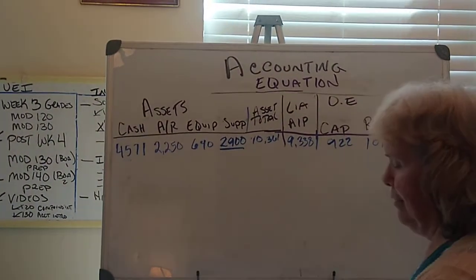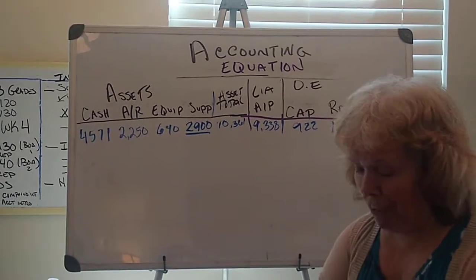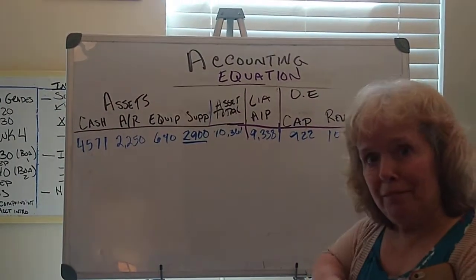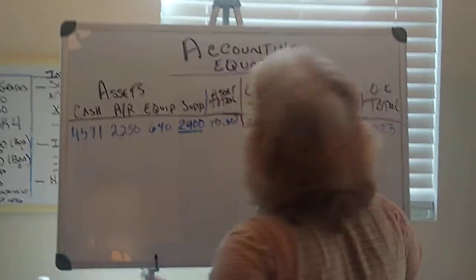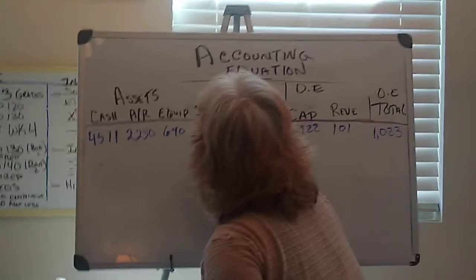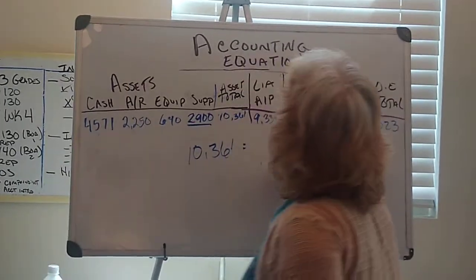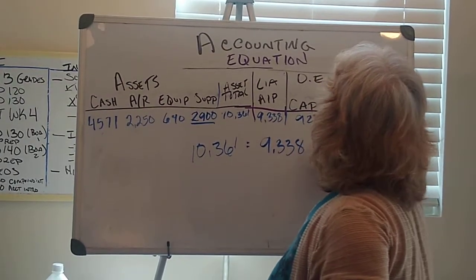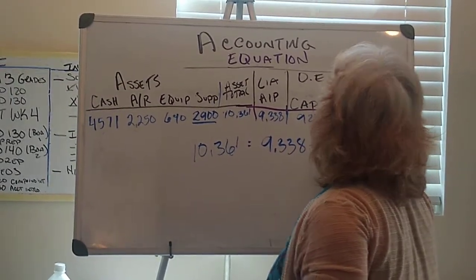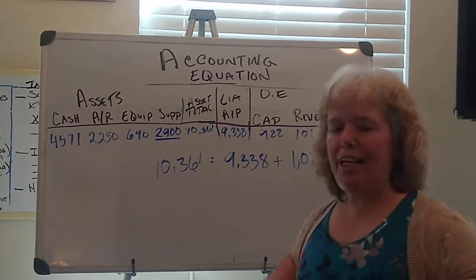All right. Now, let's check our accounting equation. Now, if our accounting equation doesn't match, then I won't show you this video. We'll erase it and start over, won't we? All right. So assets, 10,361 equals liability, 9,338 plus owner's equity, 1,023. Let's check it.